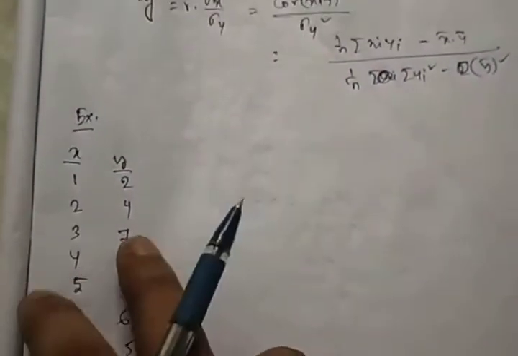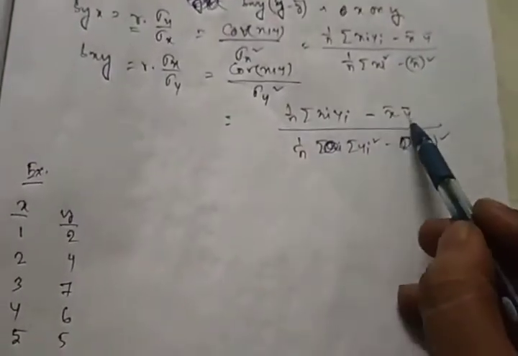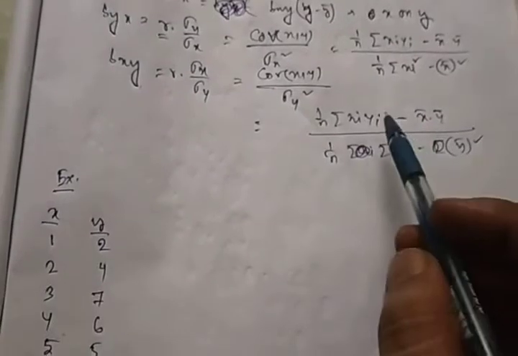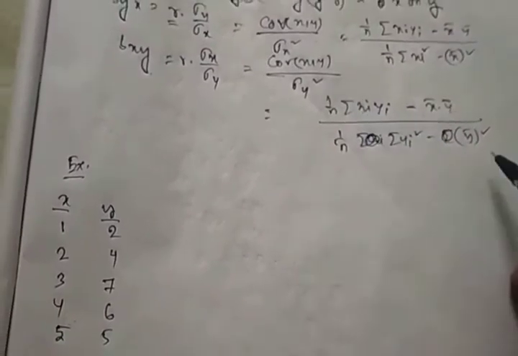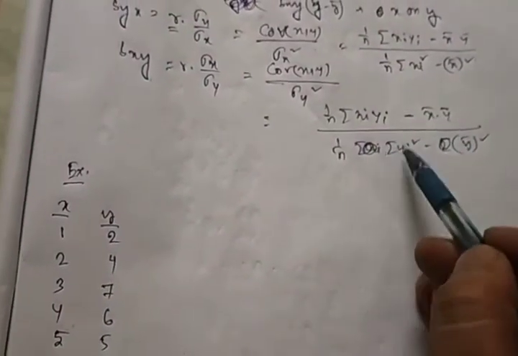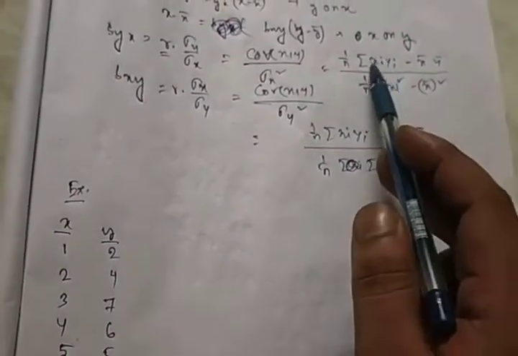Now we have to find the two regression equations from the given data. We have to find x bar, y bar, and the sum of xi yi, xi square and yi square. So from the data we have to find all the summations in the following form.